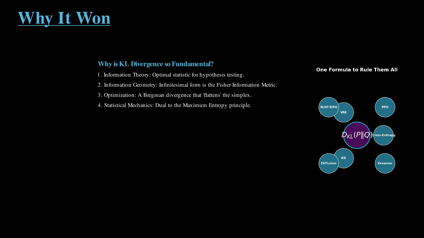Third, it is a Bregman divergence generated by the negative entropy function. This gives the probability simplex a flat geometry, making optimization tractable. And fourth, the principle of minimizing KL divergence is dual to the principle of maximum entropy, a cornerstone of statistical mechanics and information theory. It's not just a loss function, it's a fundamental concept connecting information, geometry, and learning.